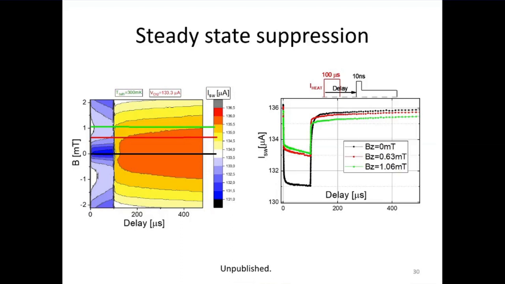It means enhancing of the temperature. Again, for magnetic field equal 0, the suppression is much more pronounced. So more quasi-particles reach the bridge, and at higher fields, fewer of them arrive. It also shows a big tendency for saturation, because there is no difference between 0.6 and 1 millitesla.